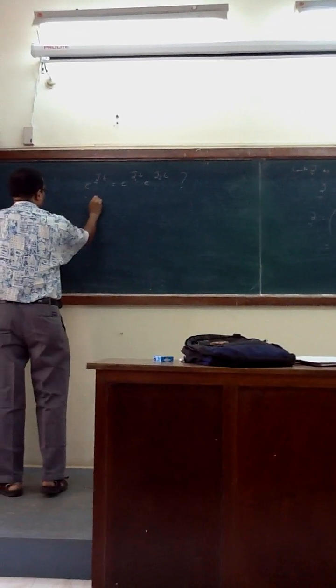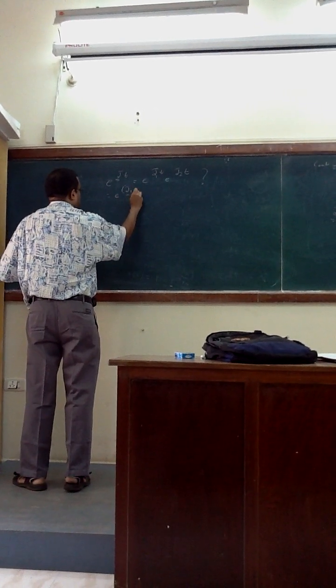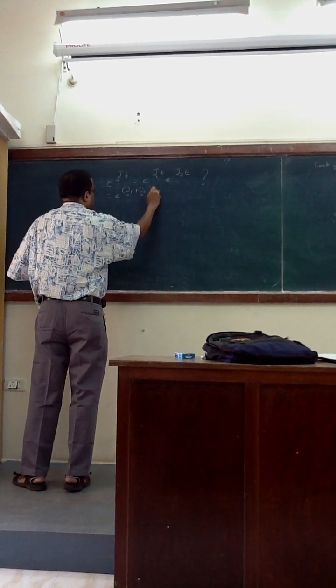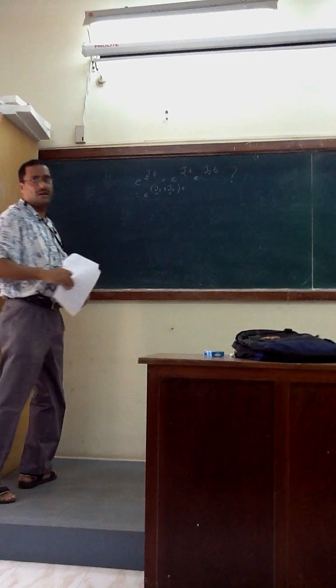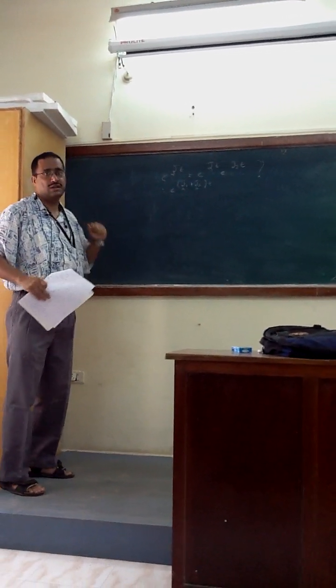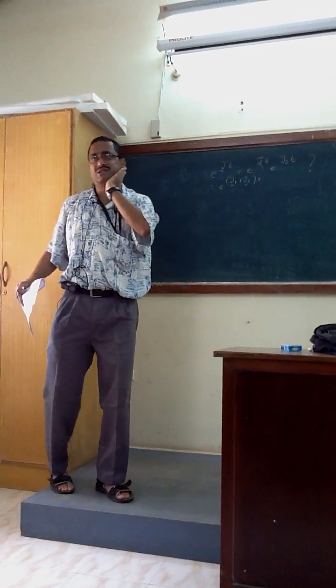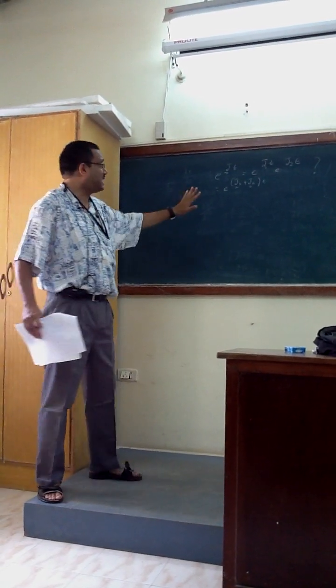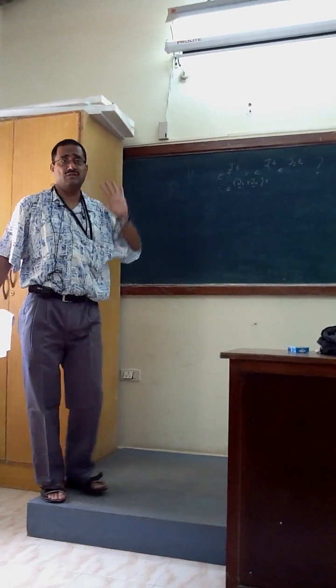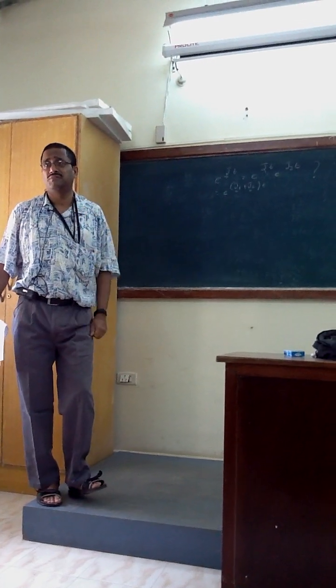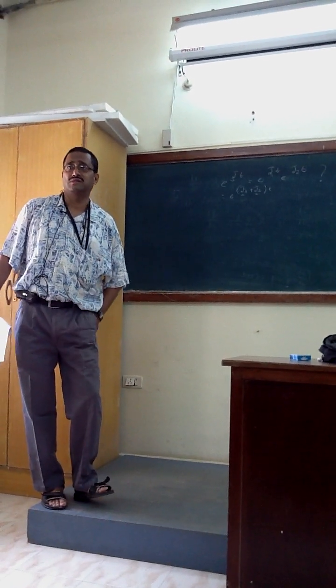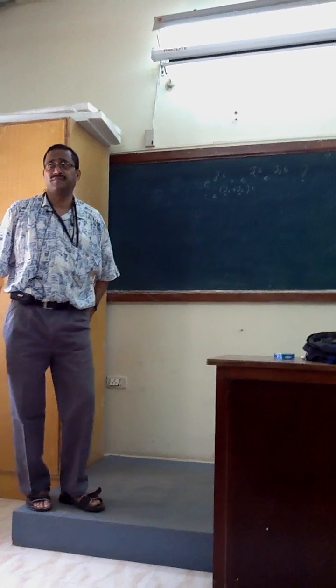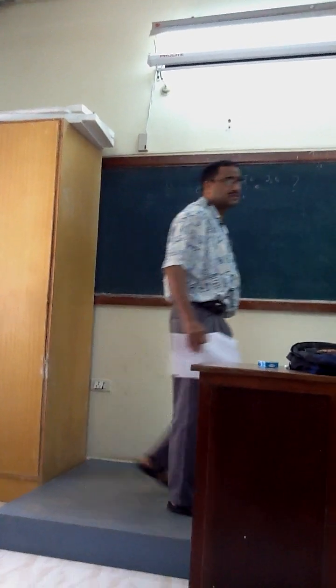Because we can write e to the power j1 plus j2 times t. And you are writing this. Is it correct or not? That's what I am asking. See, for the scalar quantity, that is pakka. We know that it is correct. But for the matrices, is it correct or not?